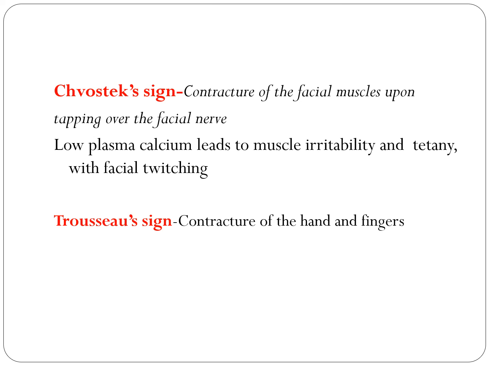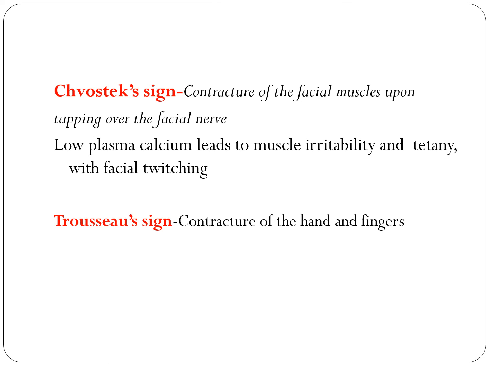The low plasma calcium leads to muscle irritability and tetany with facial twitching. The low calcium level will lead to muscle irritability, and that is called the Chvostek sign on the face.